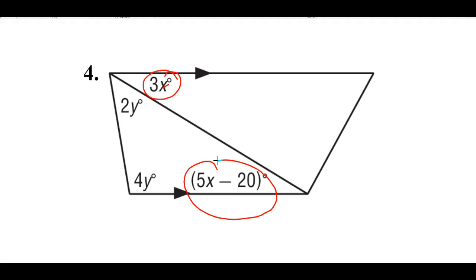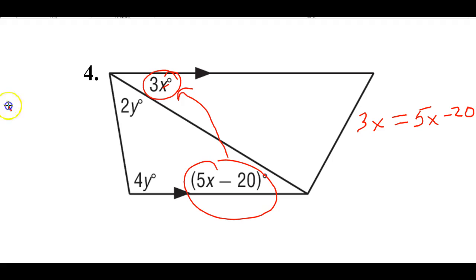So I can start off with 3x equals 5x minus 20. That we ought to be able to solve for x. Once we do that, okay, we can plug that x value in up here. All right? Once I have that x value, I know that all three of these will add up to 180.